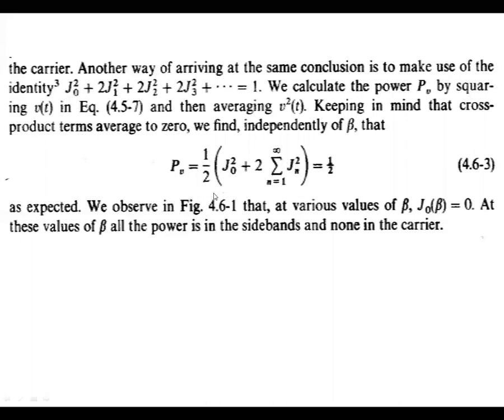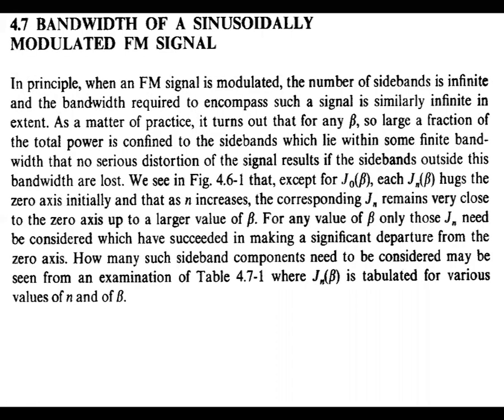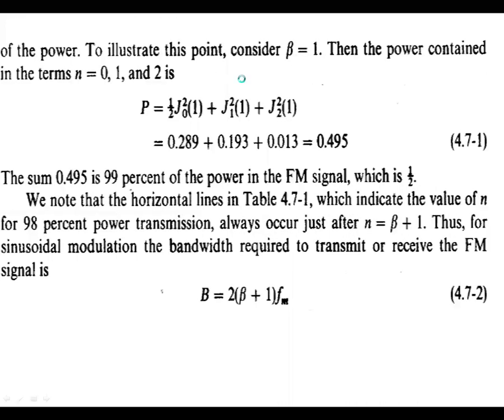Okay, you have to substitute in this one. So n is equal to 0, 1, 2. Now 1 by 2 J naught, beta is equal to 1 now. Simply substitute in this equation.